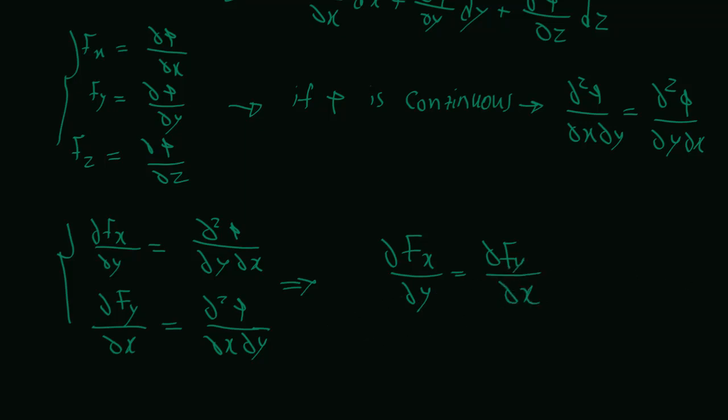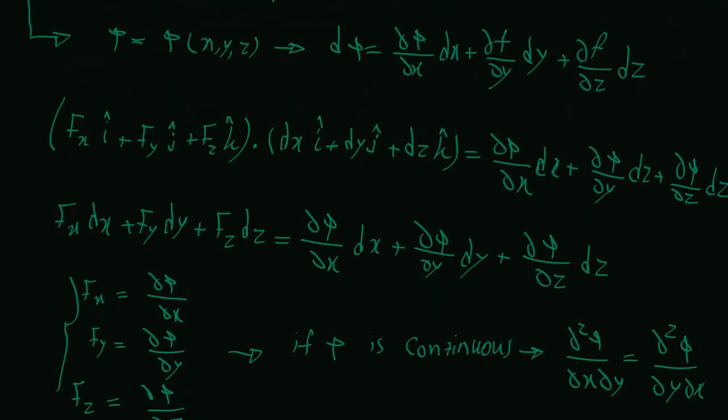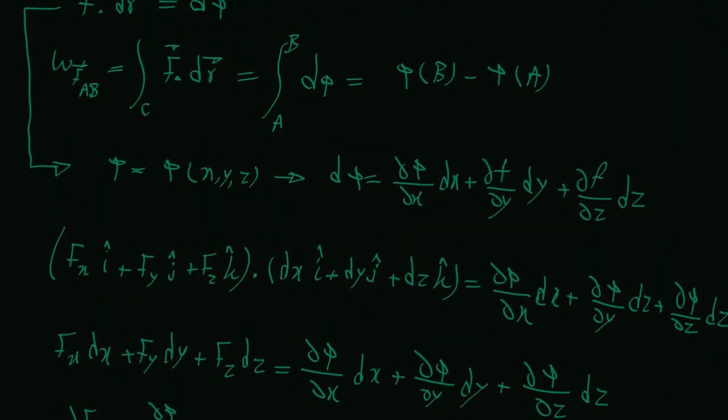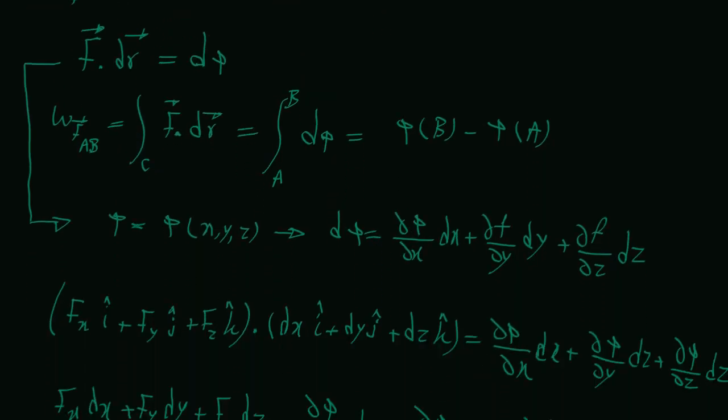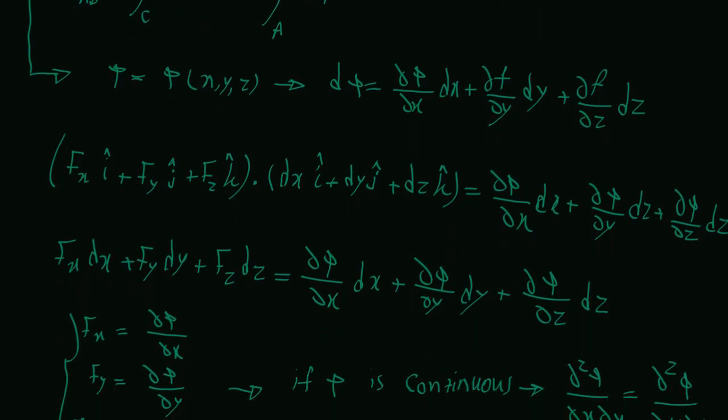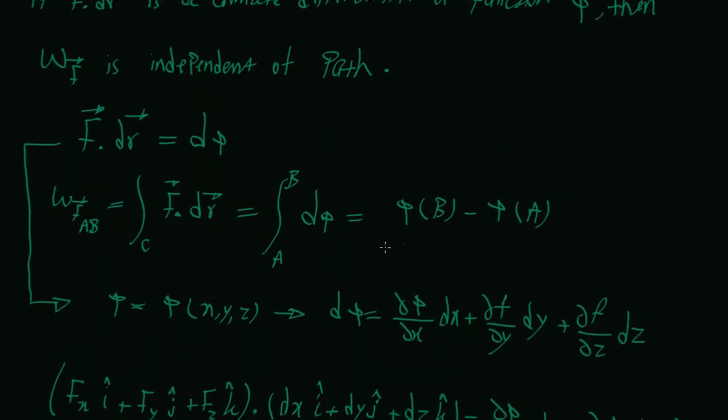So let's review again the procedure that we have gone through so far. We said that if F is conservative, if F dot dr is a complete differential of a function, then the integral, the work, would be independent of path, and therefore F would be conservative.